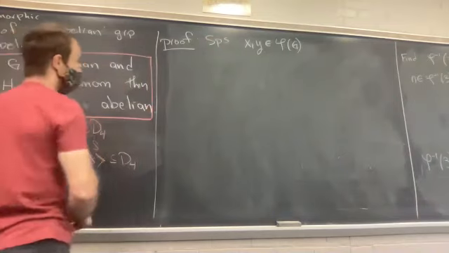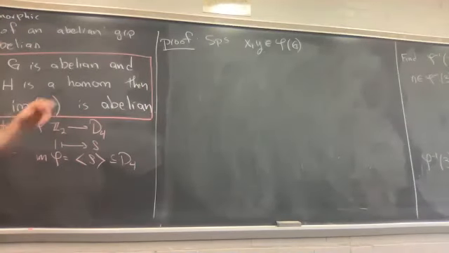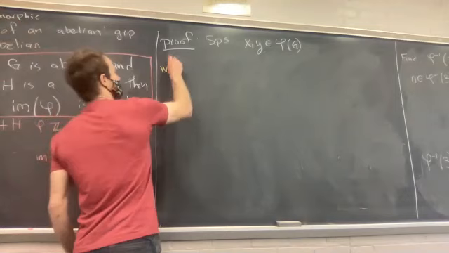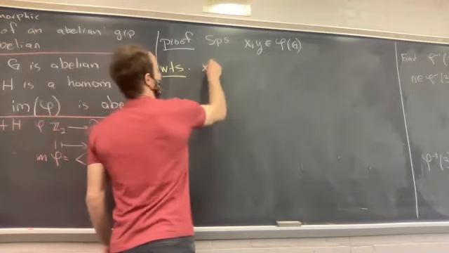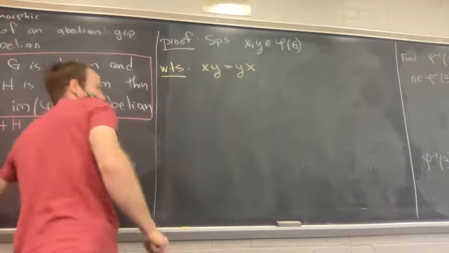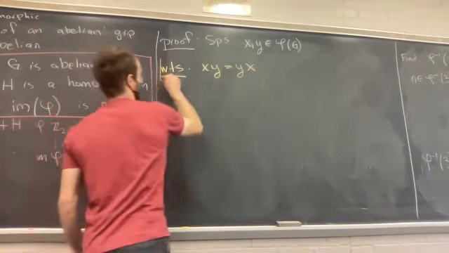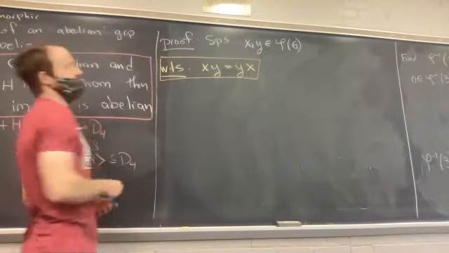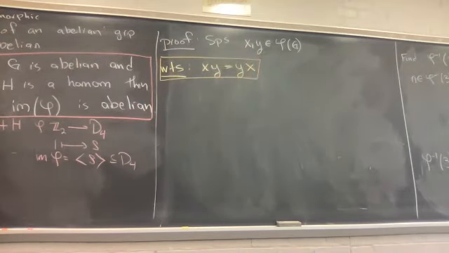And notice that our goal is to show that phi of G is abelian. So what we want to show is that XY equals YX. That would be the condition that we have. This is abelian if two arbitrary elements commute with each other.